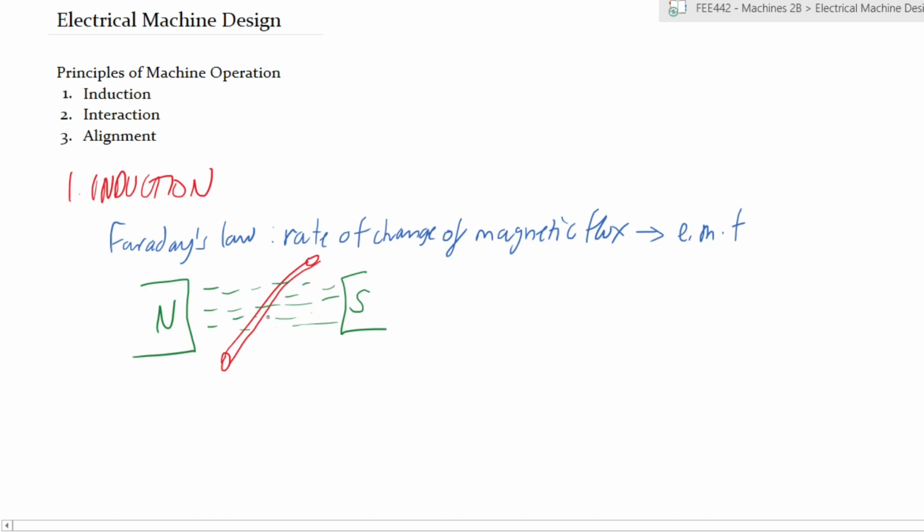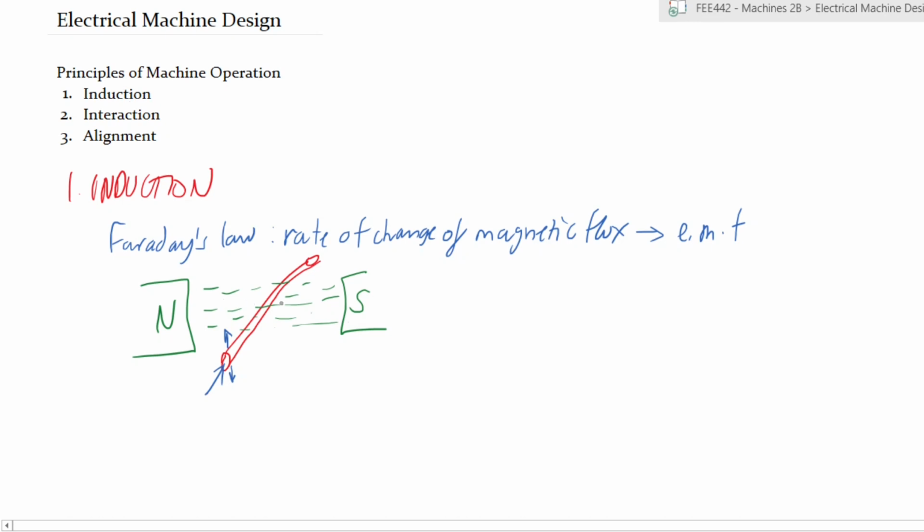If there is any change to this magnetic flux, you will find an EMF will be induced, an electromotive force will be induced inside your current carrying conductor.